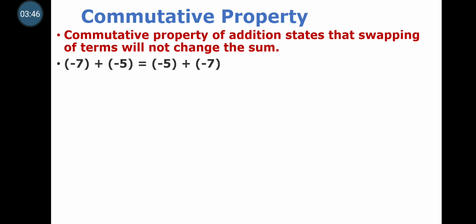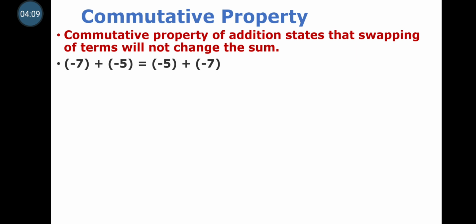If you change the order, it is not going to change the answer. Take 2 plus 3: you get 5, or 3 plus 2, you also get the same answer, 5. If you change the order of the numbers, it will not affect the answer.